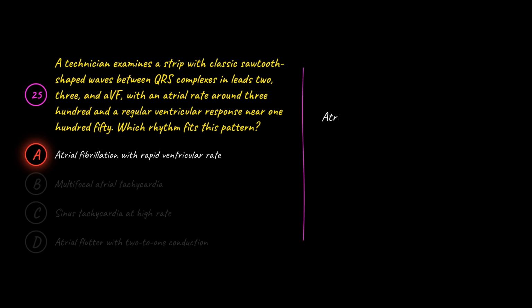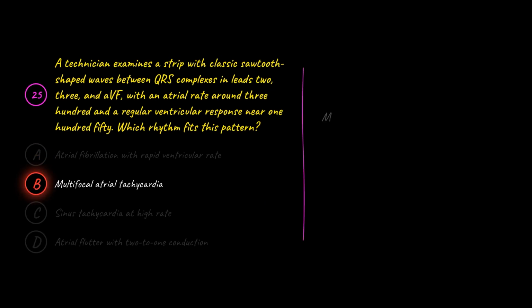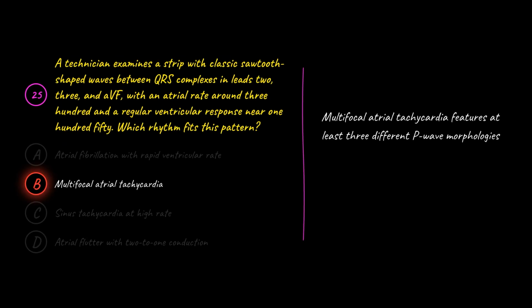A is wrong because atrial fibrillation is irregular and lacks the organized sawtooth waves of flutter. The regular ventricular response and discrete atrial waves rule out fibrillation as the rhythm. B is wrong because multifocal atrial tachycardia features at least 3 different P-wave morphologies and an irregular ventricular response.